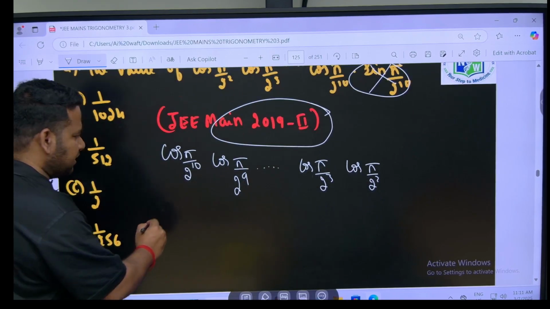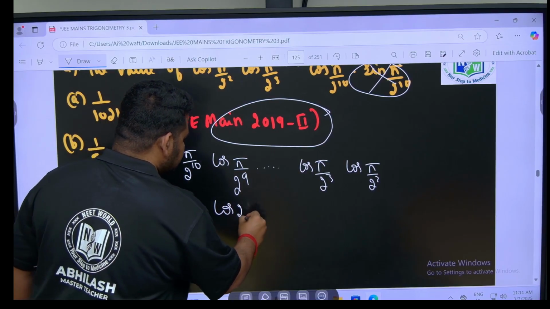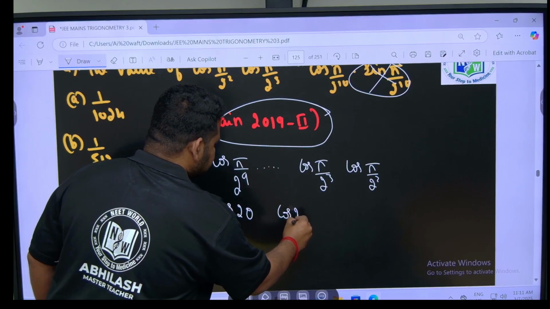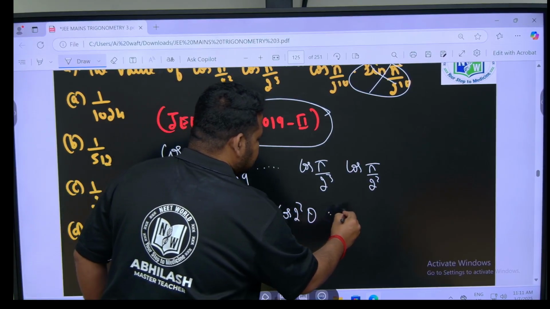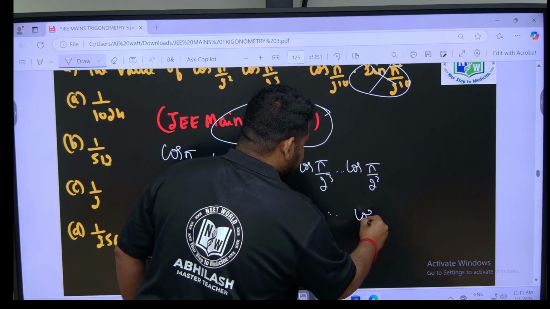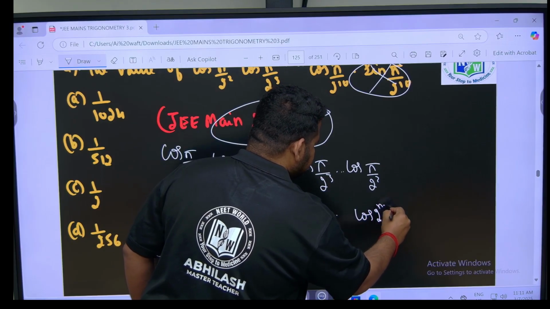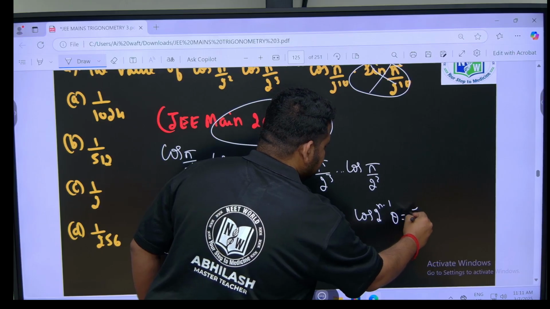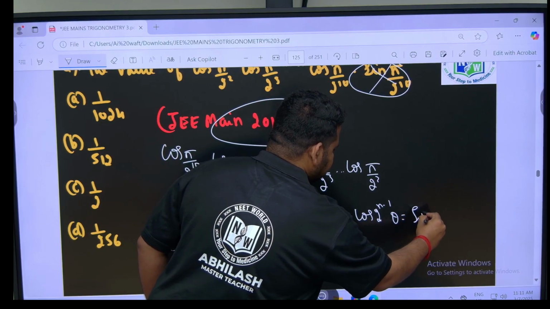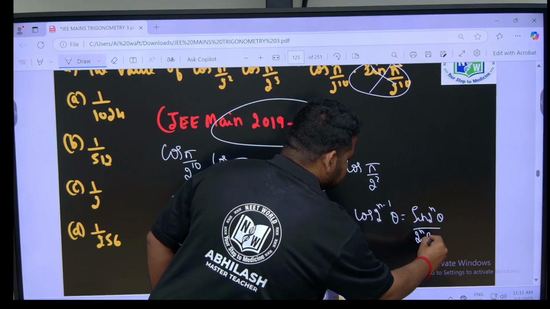What is the formula that we have? Cos theta, cos 2 theta, cos 2 square theta up to the last term, cos of 2 to the power of n minus 1 theta, is equal to sin 2 to the power of n theta divided by 2 to the power of n into sin theta.